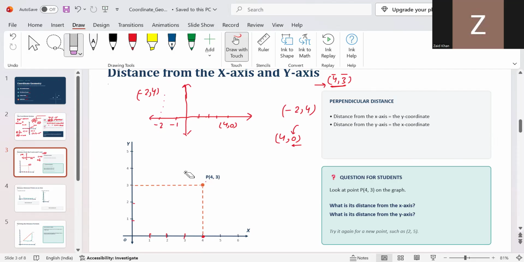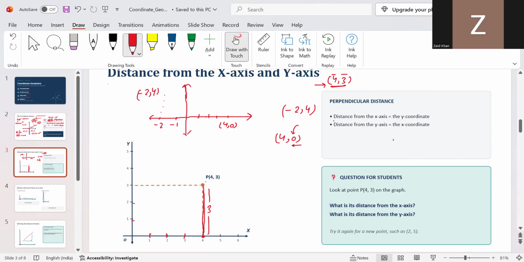So the perpendicular distance, they are talking about this distance. What is this distance? This distance is 3, sir. Please don't get confused. In my experience, many students answer 4. I am not asking what the x coordinate is. I am asking what the distance from x-axis is. So the distance from x-axis is always the y coordinate.